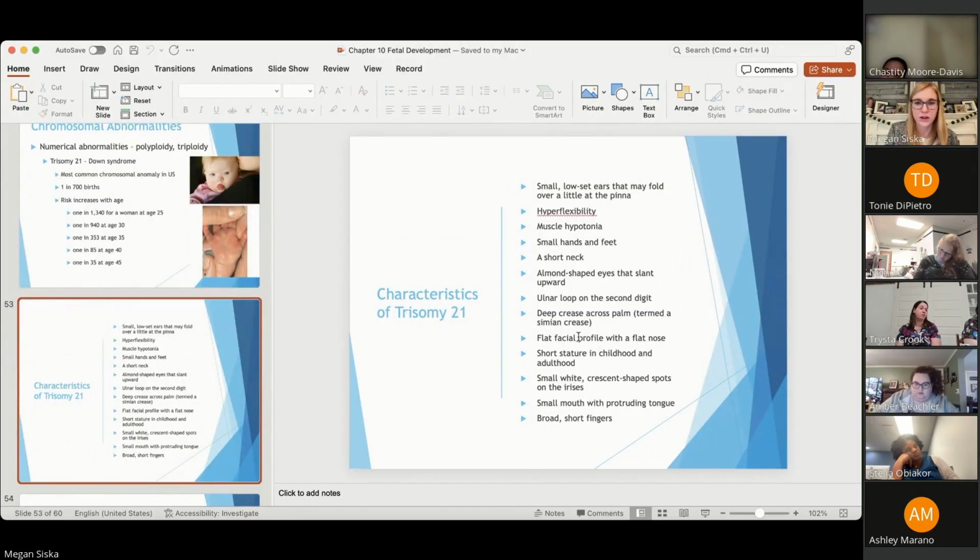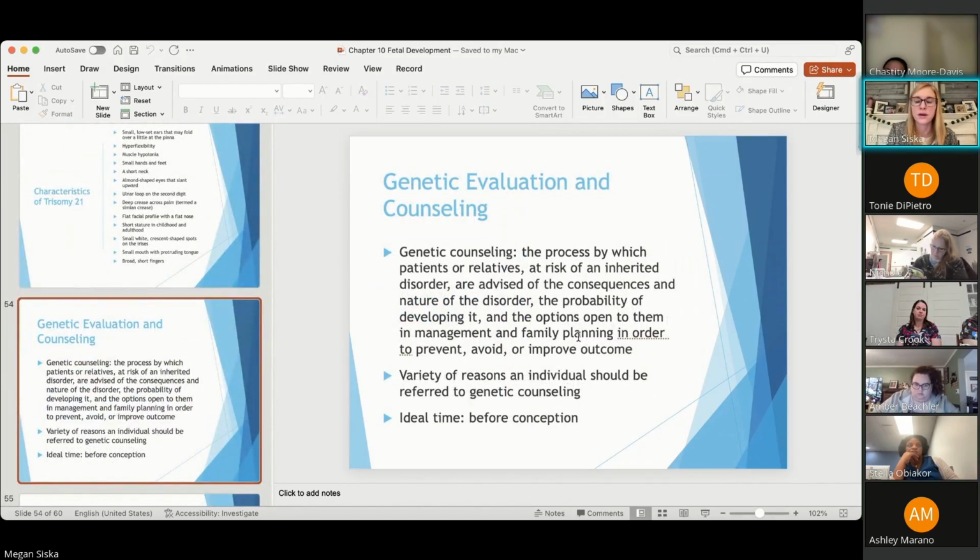And then just some other characteristics of trisomy 21. We'll talk a little bit more about certain genetic disorders when we get to the newborn chapters at the very end of this course. We do talk a little bit about genetics and genetic counseling.